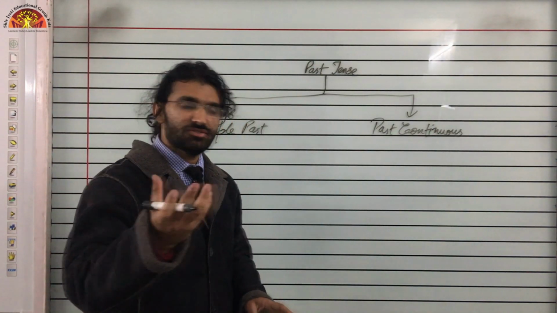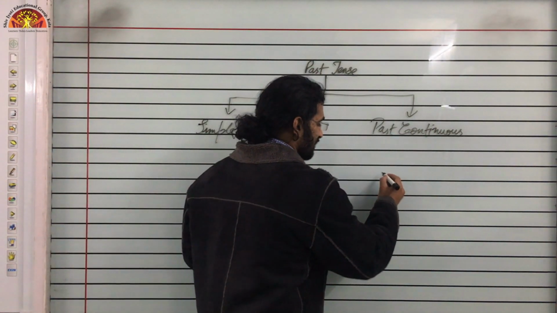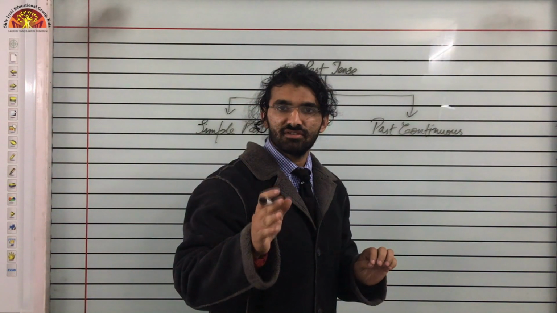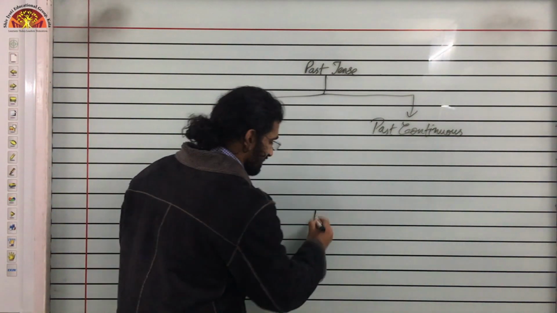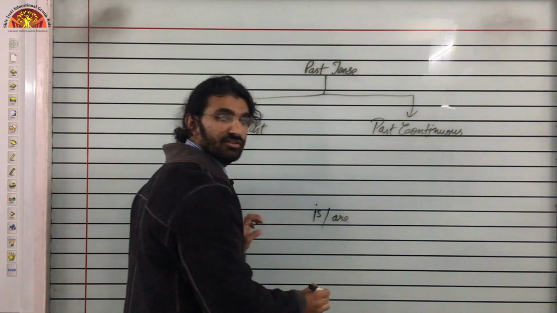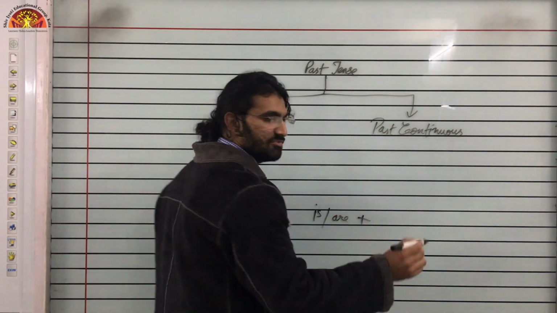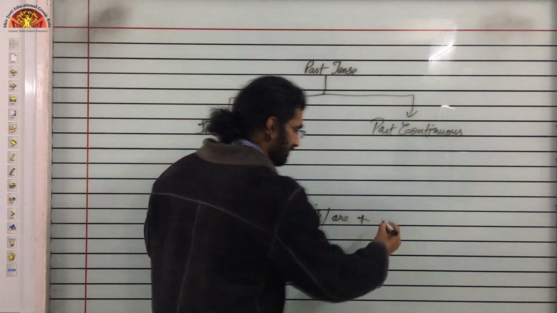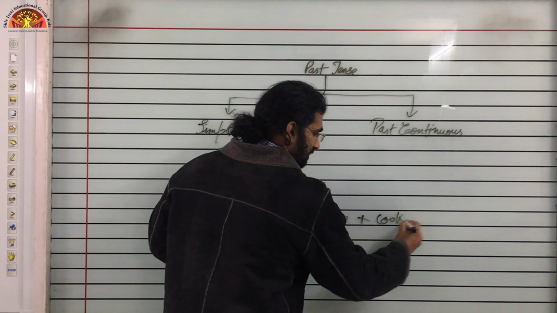It's very easy. All you need to do is to bring in helping verbs. Do you remember present continuous? How was it? The helping verb is or are, plus ing form of verb. Let's say cooking here. Cook plus ing.